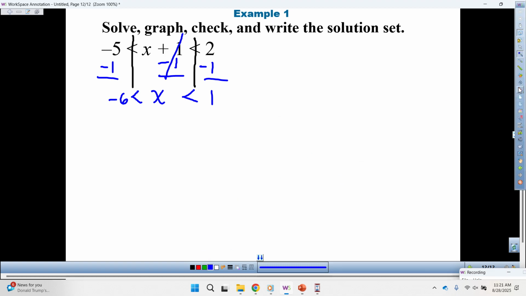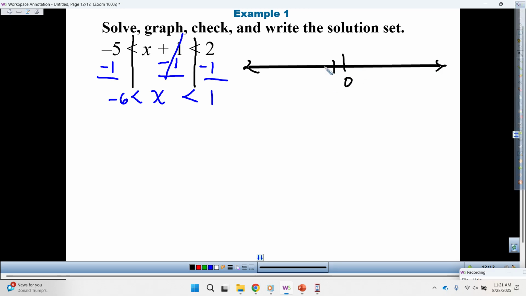Next, let's graph it. Make your number line. Zero, 1, 2, 3, 4, 5, 6, 7. 1, 2, 3.